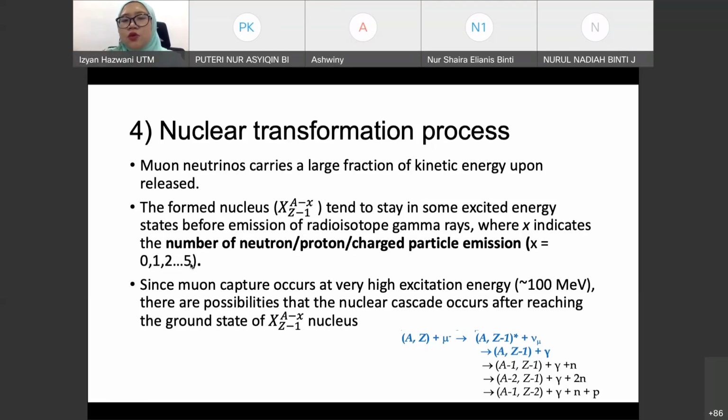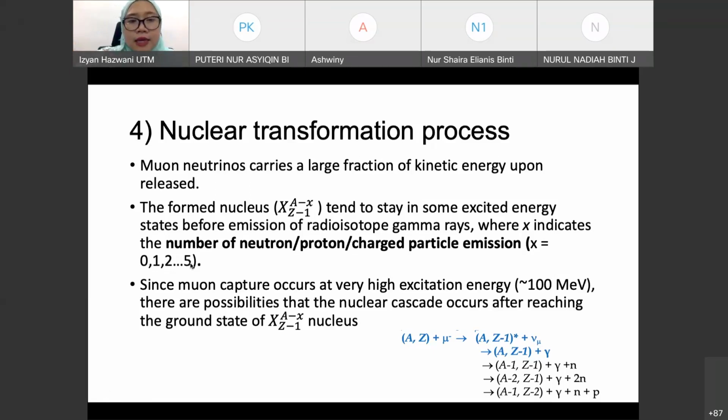Most of the gamma rays coming from the radioisotopes of the nuclear transformation are only up to about 5, so we stick to 5 as the maximum. Later, if we find some details about other nuclei, maybe we will introduce them.